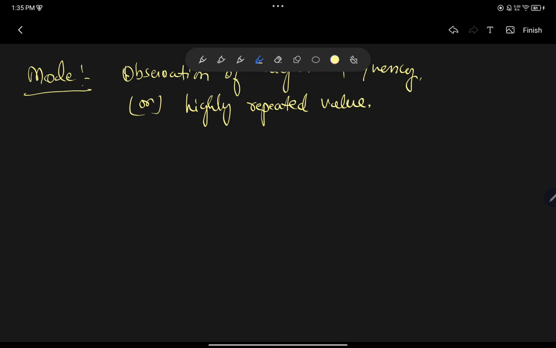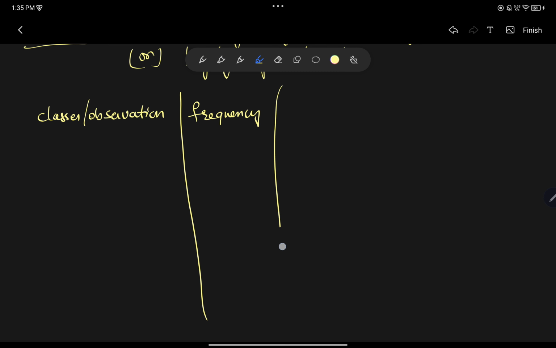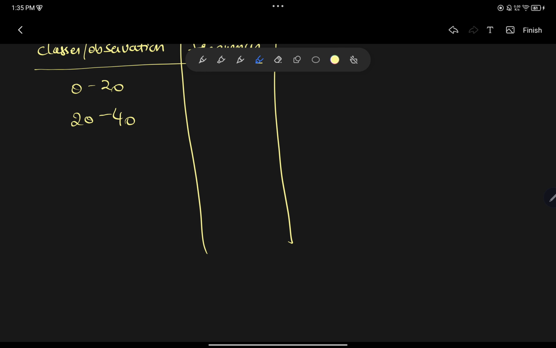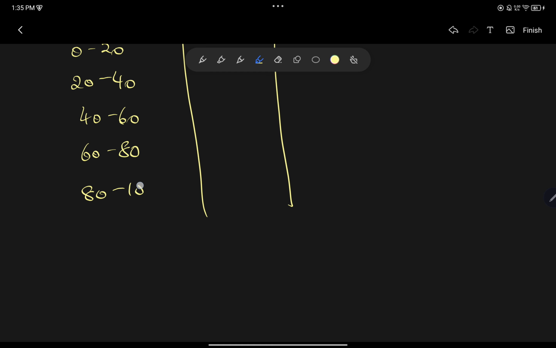So now for the same question, if we calculate mode, they have given classes or observations, correct? Observation they have given, and also they have given the frequency, right? The observations are 0 to 20, 20 to 40, 40 to 60, 60 to 80, 80 to 100.